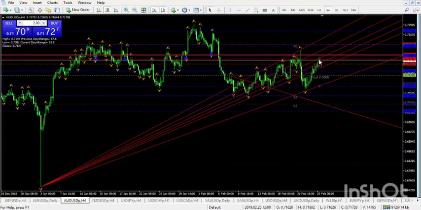You see, when I'm drawing this, this is a resistance area for me. And I'm going to do the same thing from the top. I'm going to connect these together. So, is this accurate?